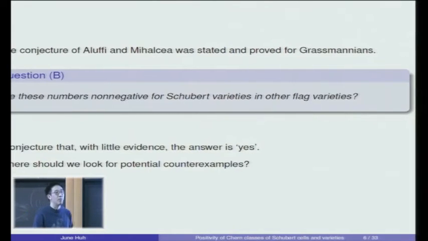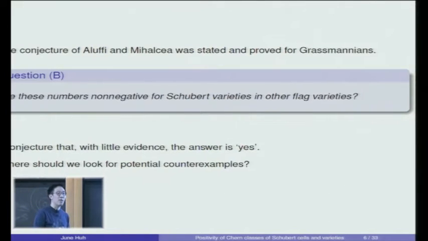Whenever you have a B orbit closure in G mod P, you have the corresponding statement or question or conjecture. So when I first heard about this conjecture, since I knew almost nothing special about Schubert varieties in Grassmannians as opposed to B orbit closures in general G mod P, I thought it was very curious that they made the conjecture for Schubert varieties in Grassmannians.